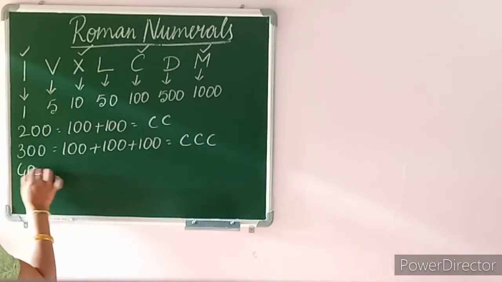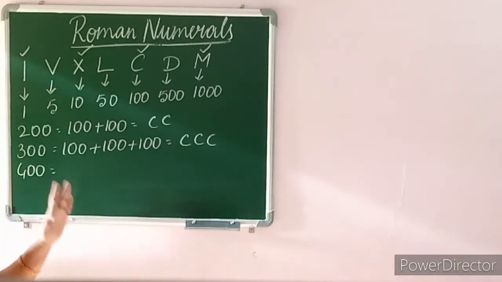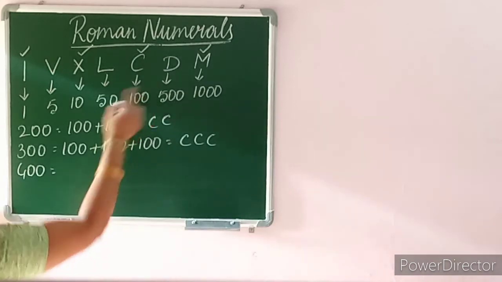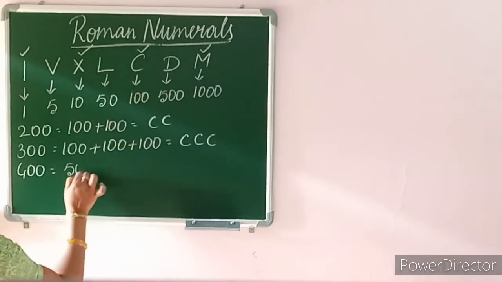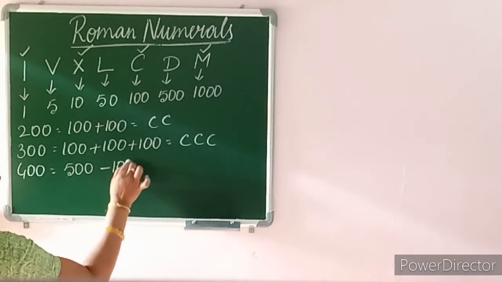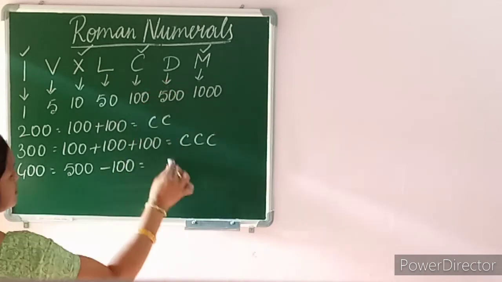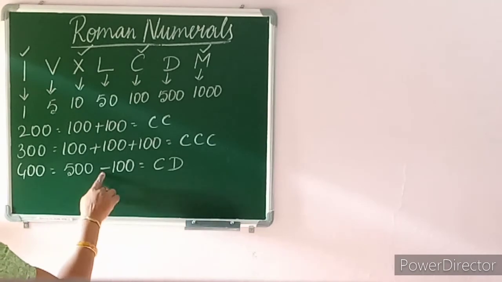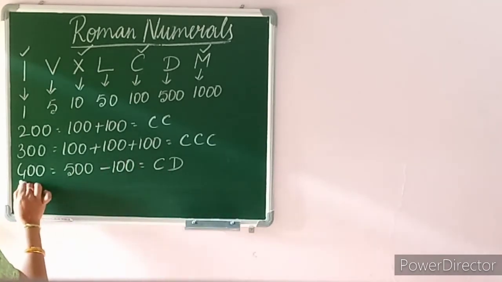Now, suppose it is 400, can we write 100 4 times? No. Always remember that the rule is only 3 times. As this is nearest to 500, you can write 500 minus 100, where the symbol for 500 is D and for 100 is C. As this is minus, write C on the left side.